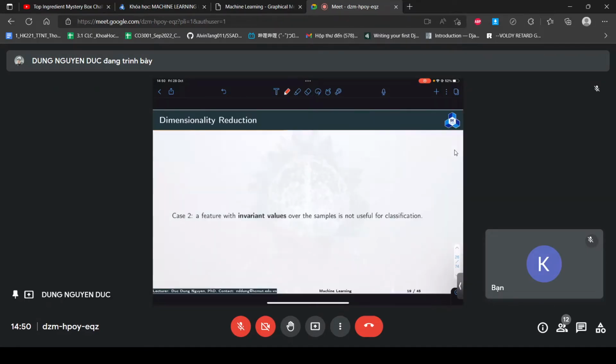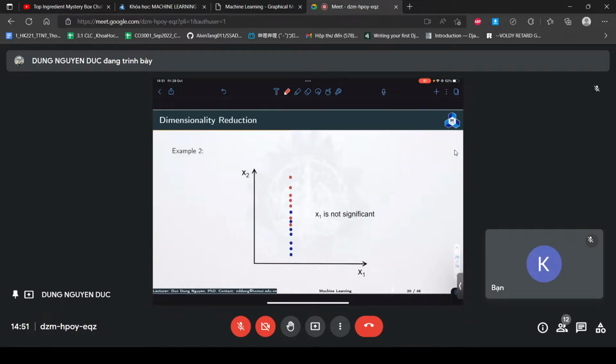Let's see. All right. Here in the material, you can see that we are talking about some feature that's invariant, which means they are not so useful for classification. For example, observing the data like this, you see that the data has two values, x1 and x2, but x1 seems to be unchanged.